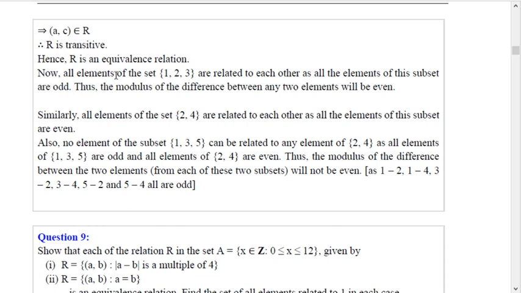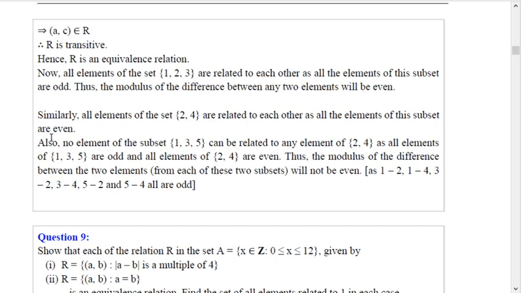Now, all elements of the set {1, 3, 5} are related to each other. All the elements of this subset are odd. Thus, the modulus of the difference between any two elements will be even. Similarly, the elements 2 and 4 are related to each other, as the elements of this subset are even.